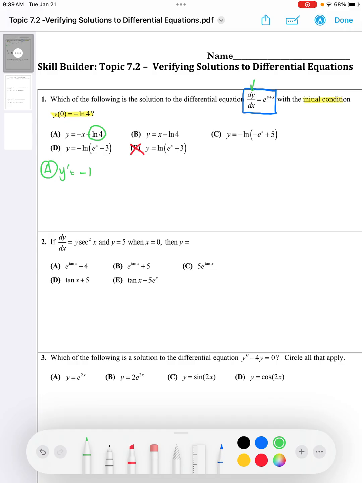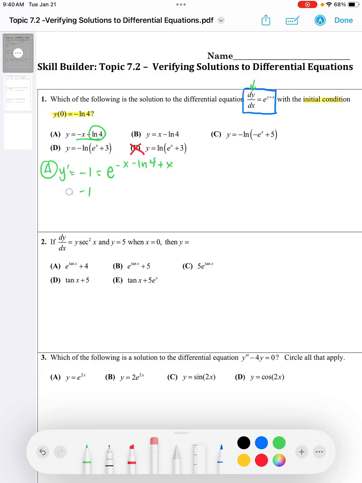So here we're saying the derivative, negative 1, is equal to e to the y. We're going to plug in all of this: negative x minus natural log of 4, plus x. Well, in this case, the negative x and the positive x are going to cancel each other out, so that we'll have negative 1.